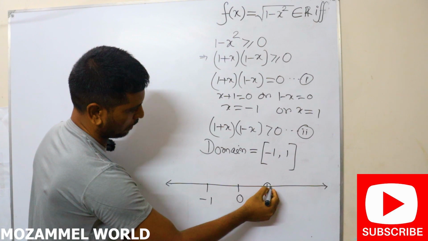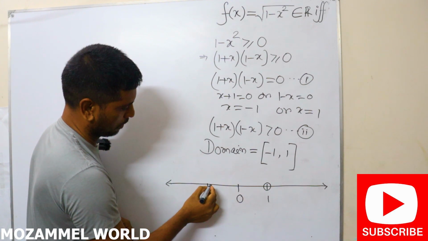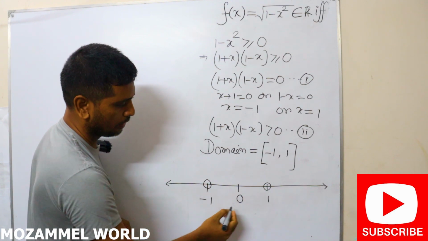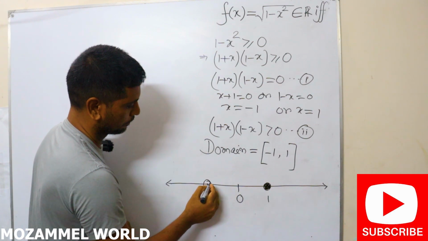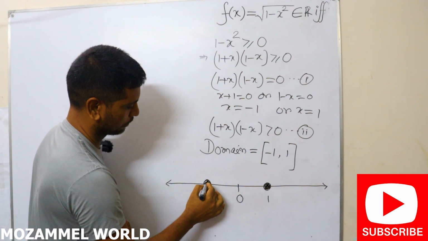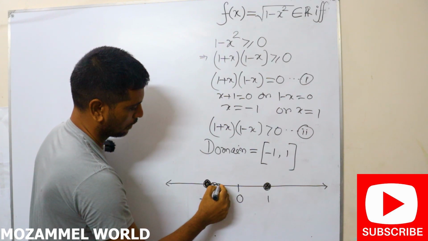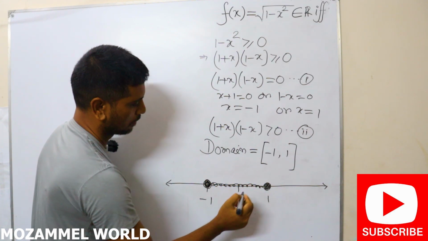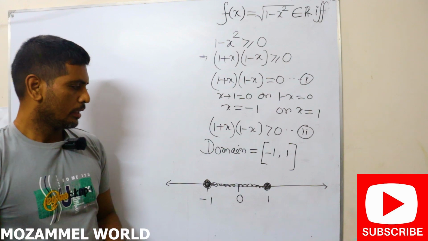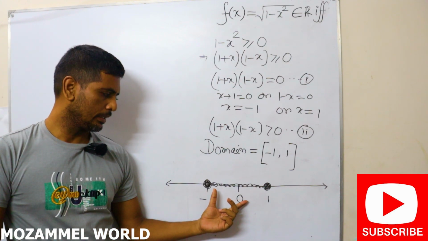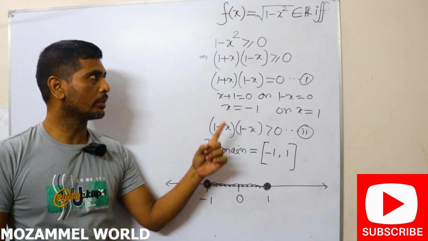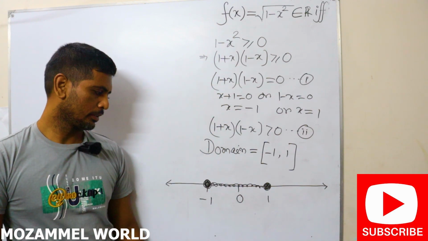So I encircle this, also encircle minus 1 and fill up. So this marked part or bold part indicates the domain of this function.